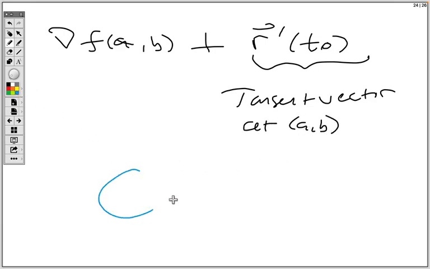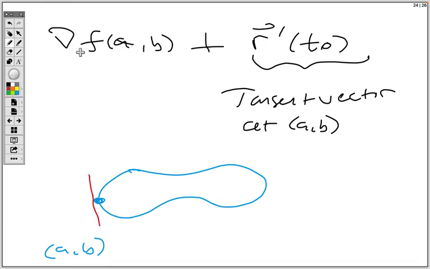So what we've just shown is if I look at my curve here and it's as it's parameterized, there's the point (a, b). I've shown that the gradient of f is orthogonal to that.